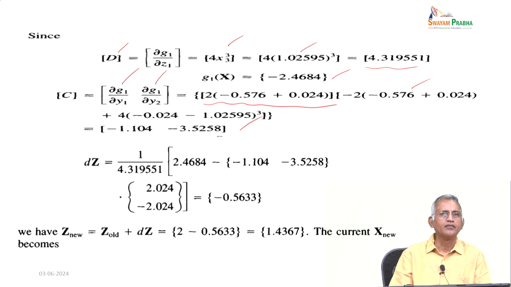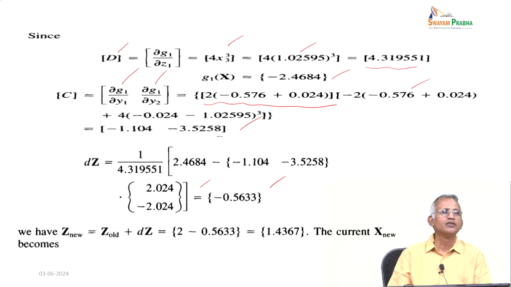Once you get the C value, go to dz. The rule is 1 by D of the value times the vector, so that the result is minus 0.5633.